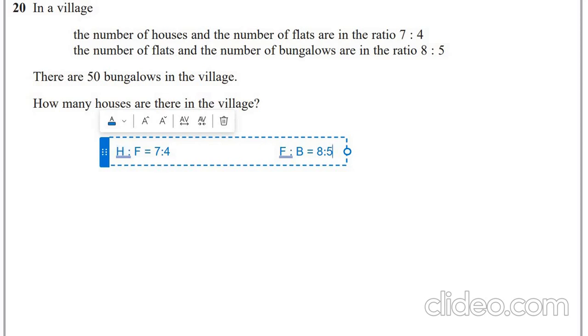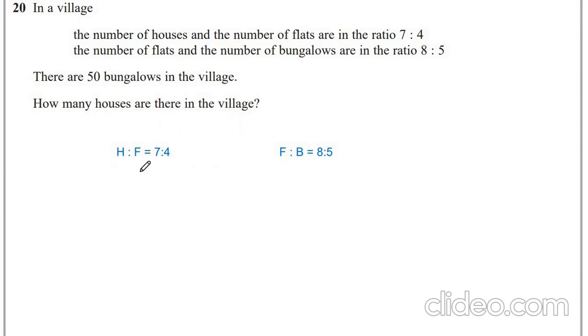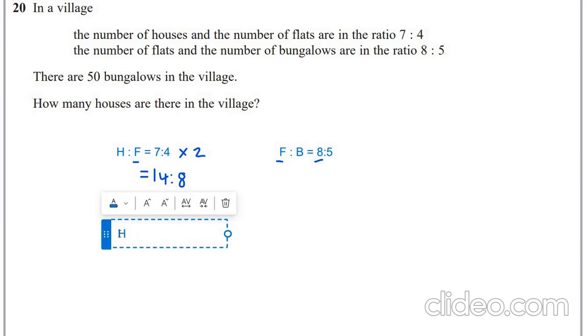Now, if we multiply the first ratio by 2, that gives us 14/8. And so the number for flats is the same, 8 and 8. So now we can put all three ratios together. So the ratio of houses to flats to bungalows is 14/8/5.